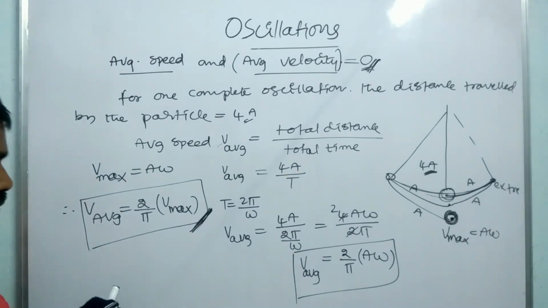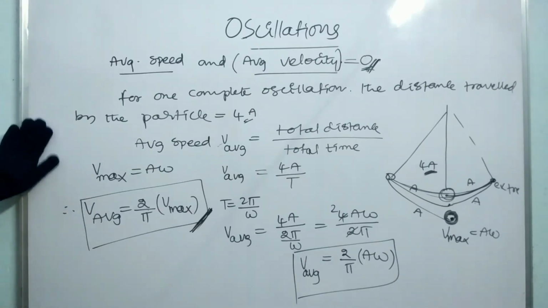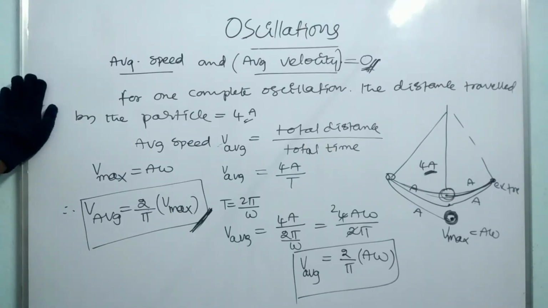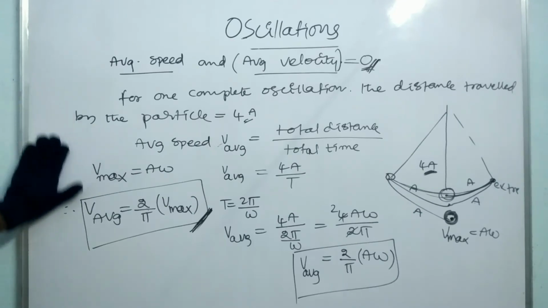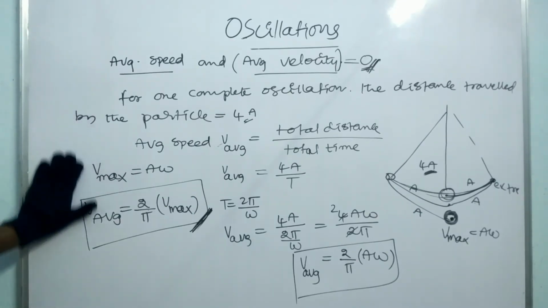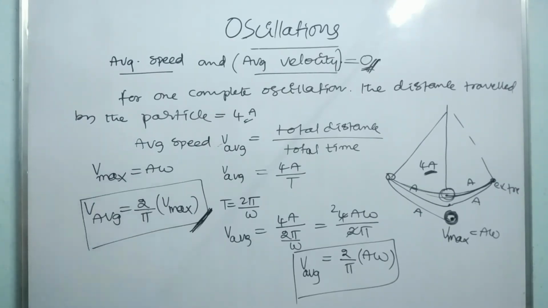Clear? And now we have to find the acceleration, in case of V maximum and A maximum. Okay, V maximum and A maximum. So just you have to write that, all of you note it.